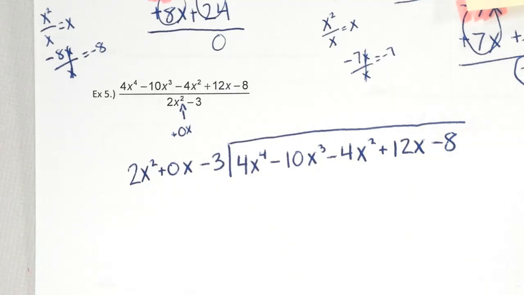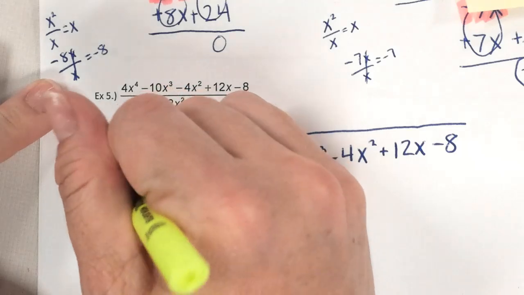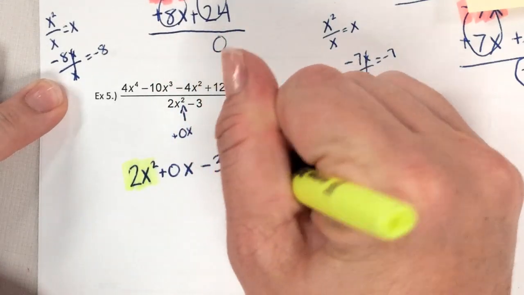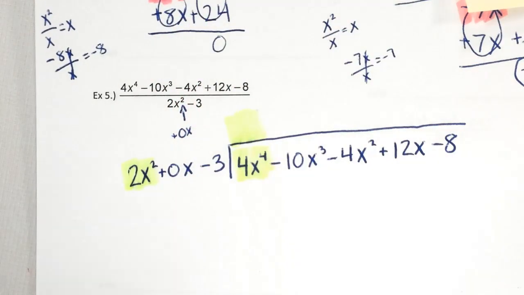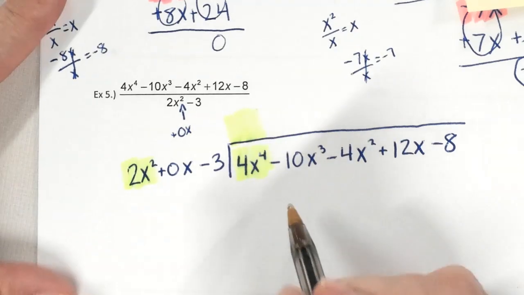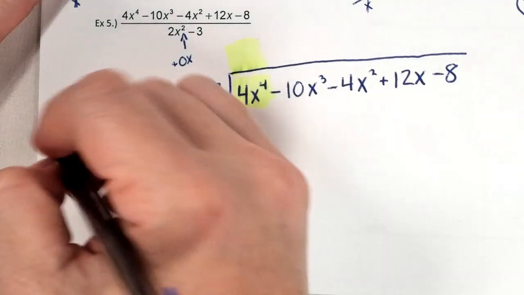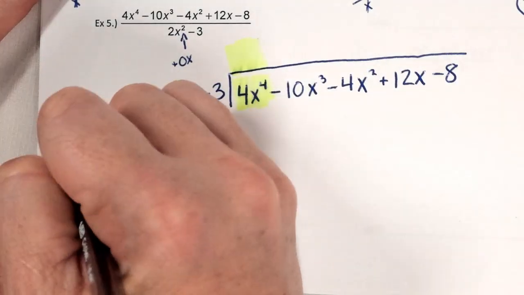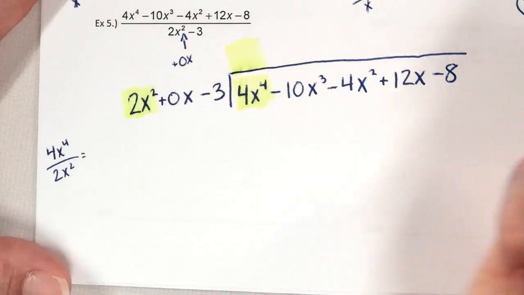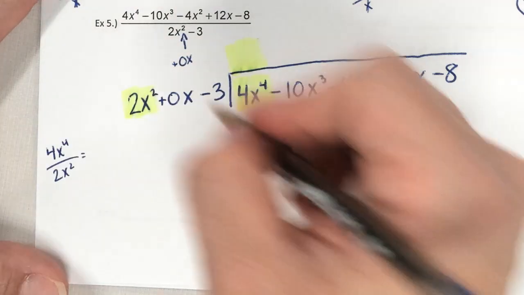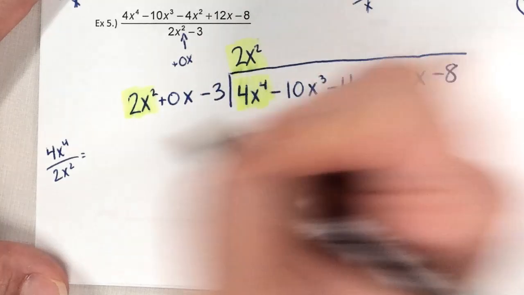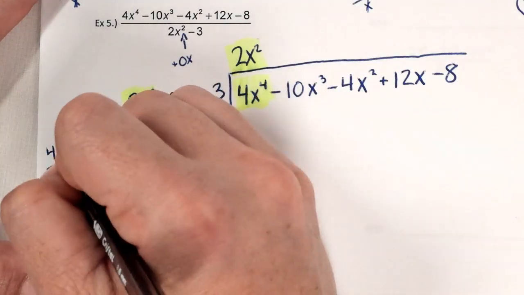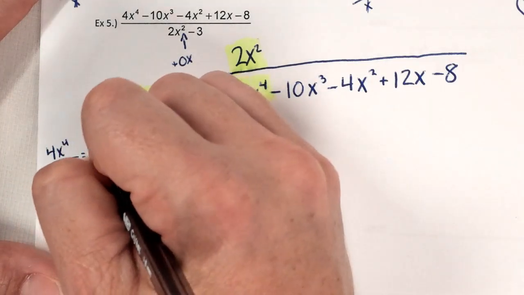Okay, so first things first. Remember, inside divided by outside. So 4x to the 4th divided by 2x squared. What does that give me? 2x squared. 4 divided by 2 is 2, and then we subtract. So 4 minus 2 is 2.